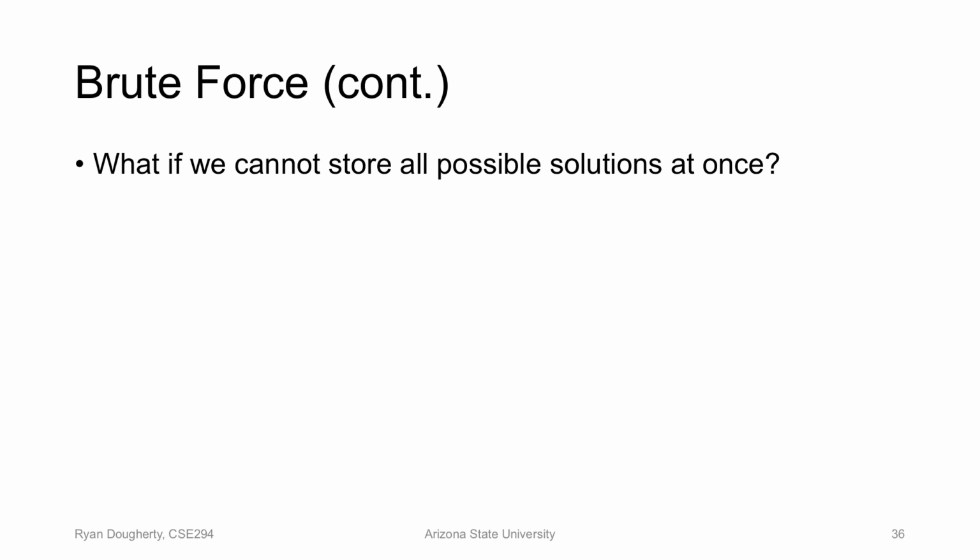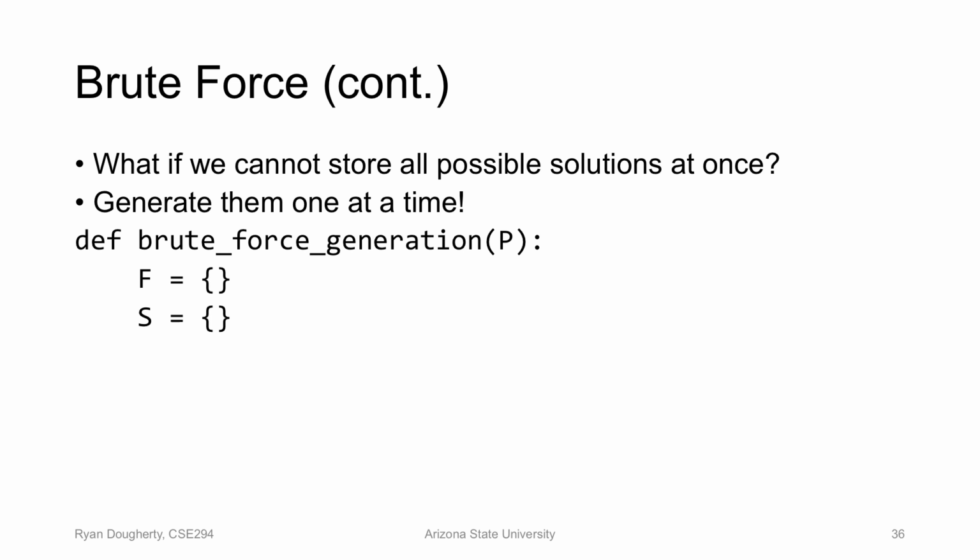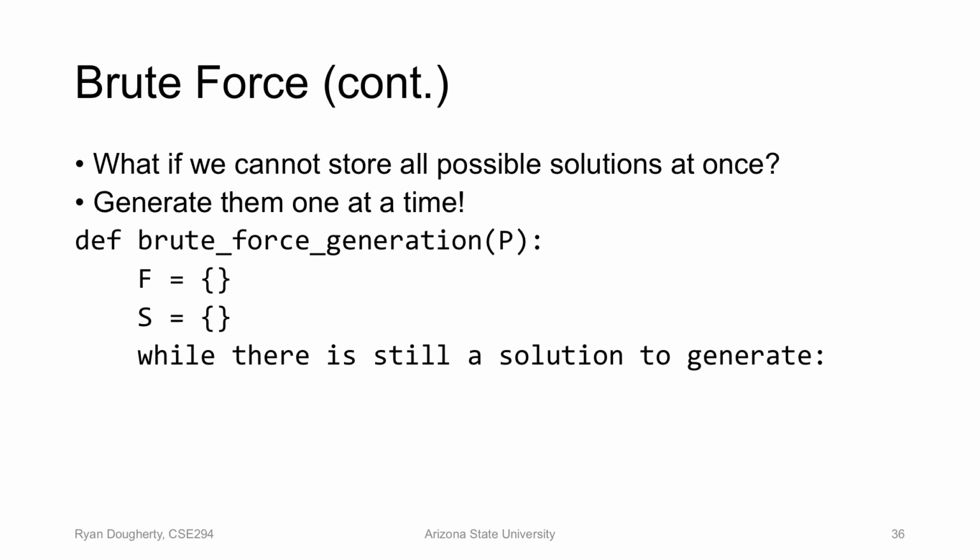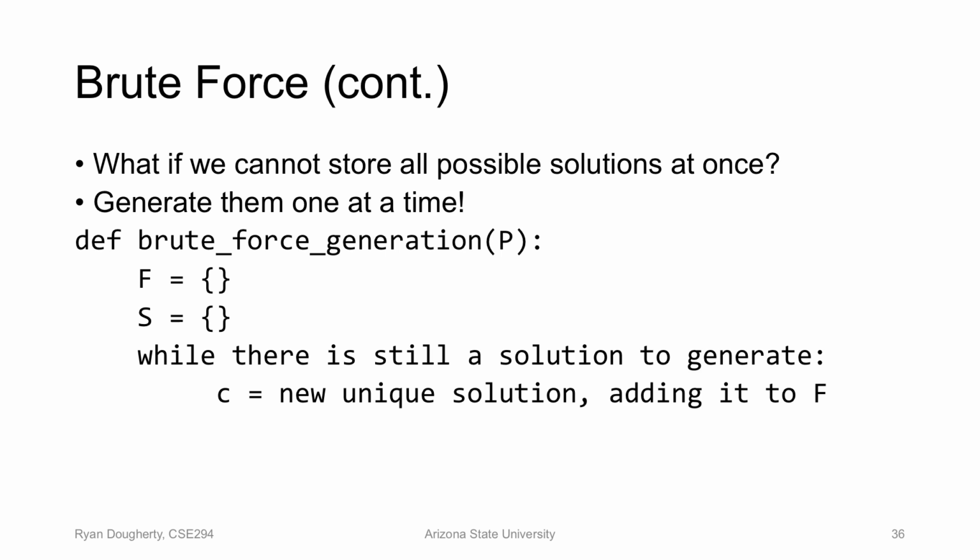Okay? What if we can't store all possible solutions at once? As I said, we can generate one at a time. So we can have F and S both be the empty set. S is going to be the set of solutions as before, but F is where we're going to be generating solutions one at a time. So while there's still a solution to generate, C, I'm going to generate a new solution and add it to F, right?